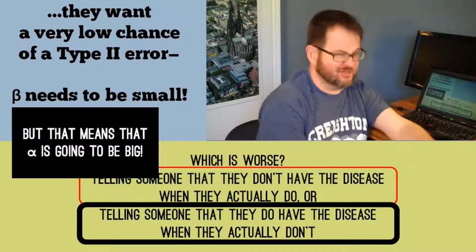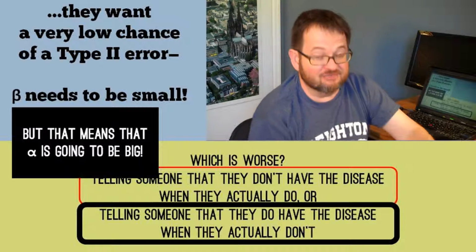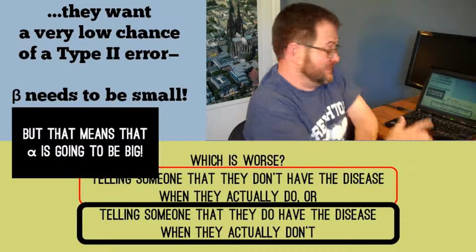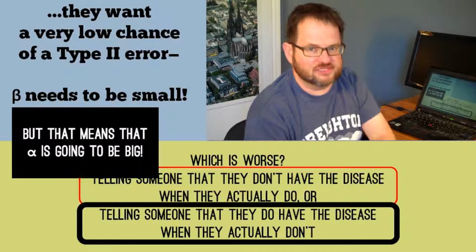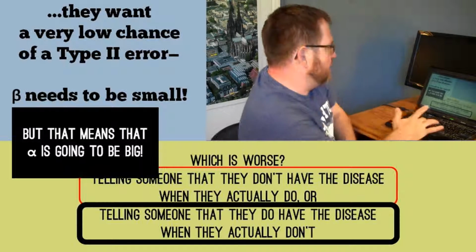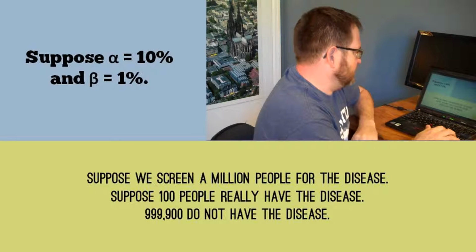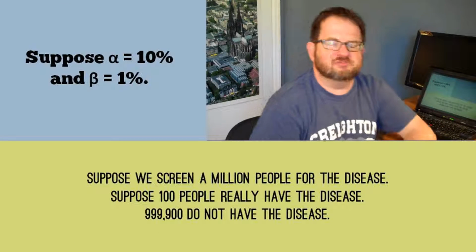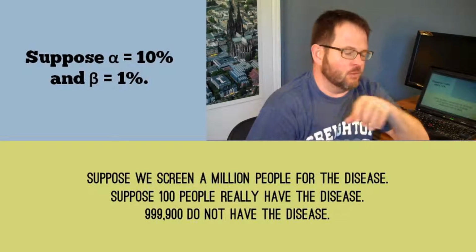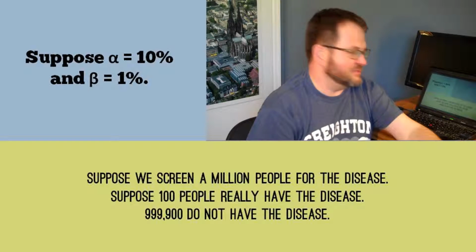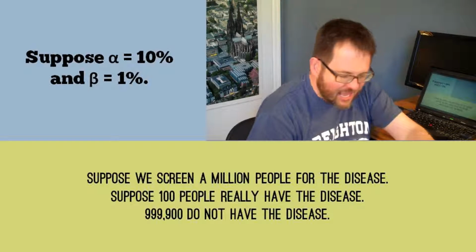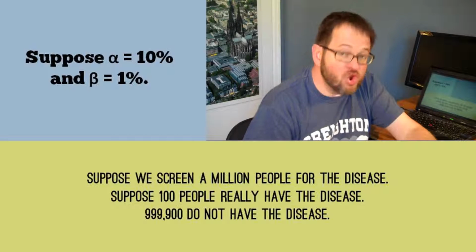That might come as a surprise to you unless you've had medical tests done. Let me tell you, if you have much interface with the medical community, you know these things happen all the time, and you get told you have something terrible and then they do a follow-up test and you're fine. But let's actually do a little thought experiment. Let's say we have this test, and we're going to test 1 million people for this rare but serious disease. Now, we don't know who has the disease.